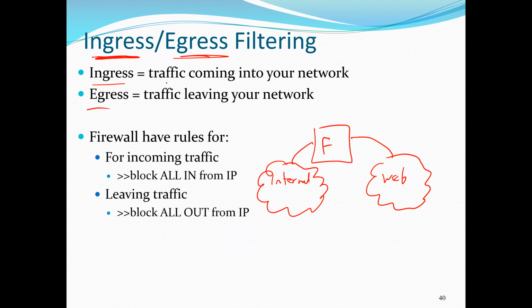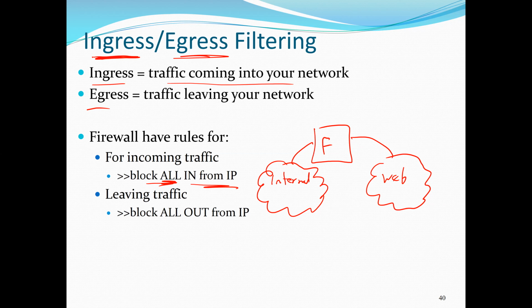Ingress just means traffic coming into your network, and egress is traffic leaving your network, originally from the inside out. I've said this a couple of times already: you basically want to have a specific type of configuration if you have a firewall. For incoming traffic, you want to block all traffic in from the web.